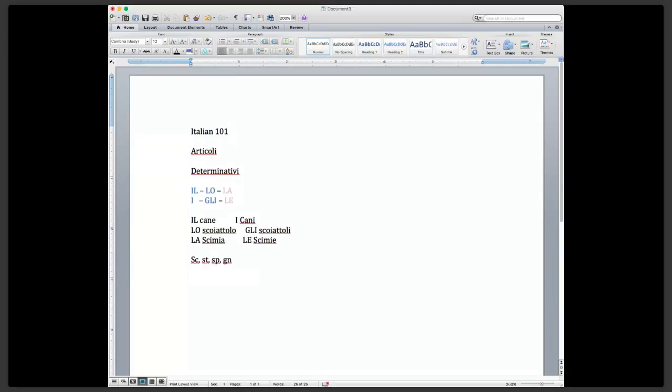So another thing that you're going to have to figure out is that some masculine words are going to begin with a vowel. When they begin with a vowel, you start with lo, but we use something called the apostrofo. Instead of saying lo animale, like the animal, you contract this and it becomes l'animale.